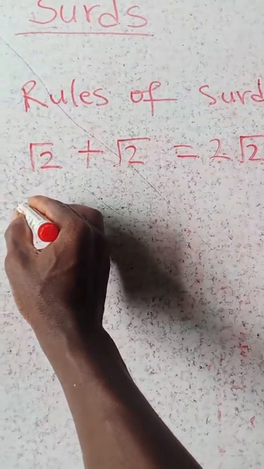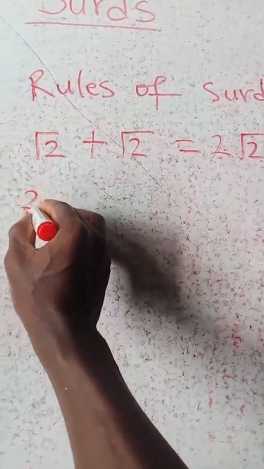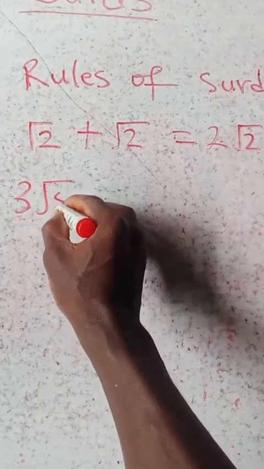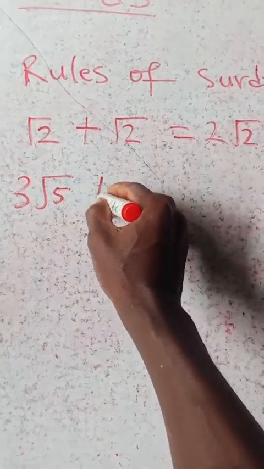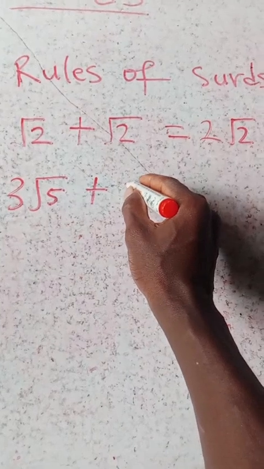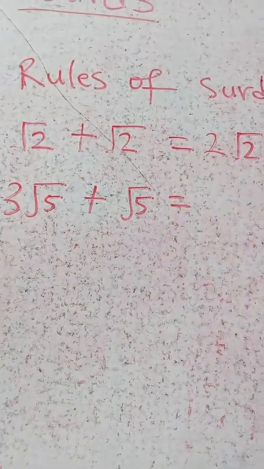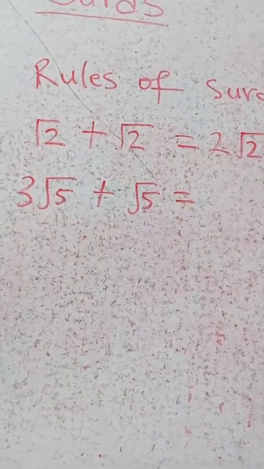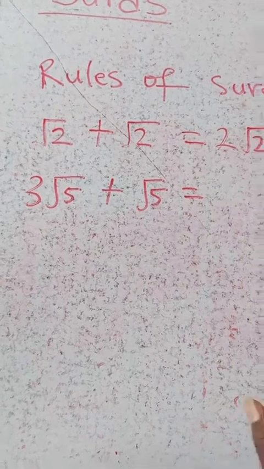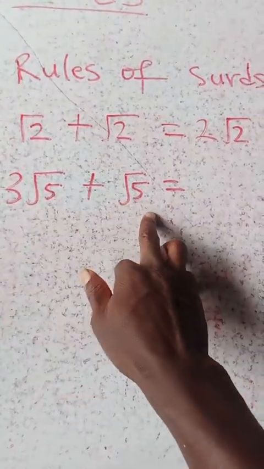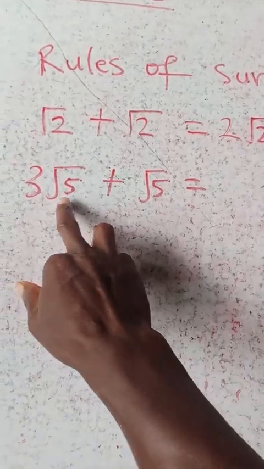Or again, if you have 3 root 5 plus root 5, look at this one, the roots are the same. What you are considering is the roots, are they the same? Are they like terms?